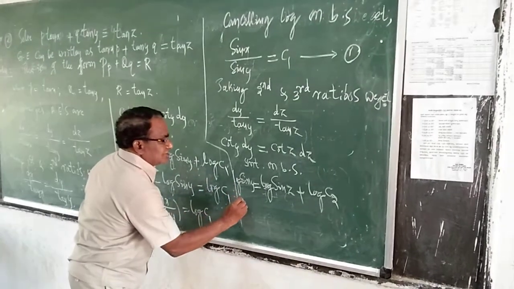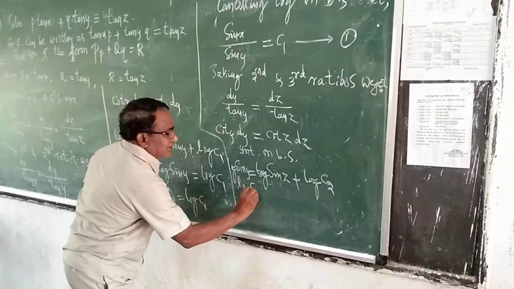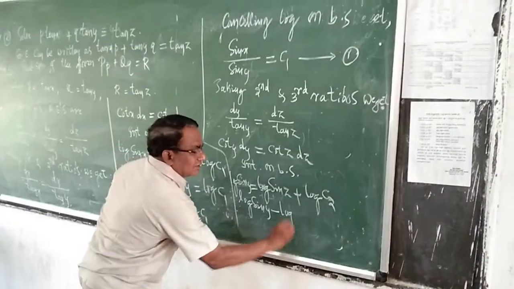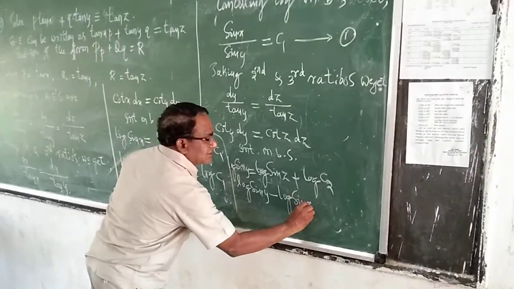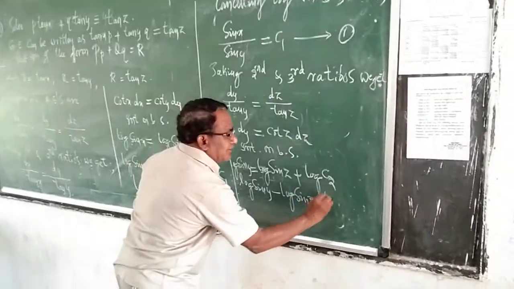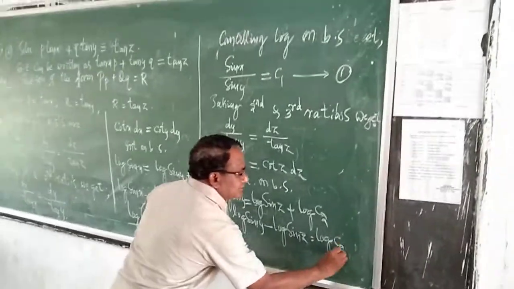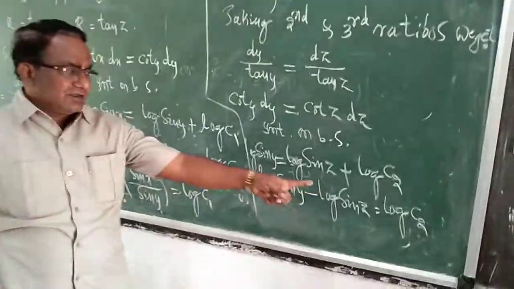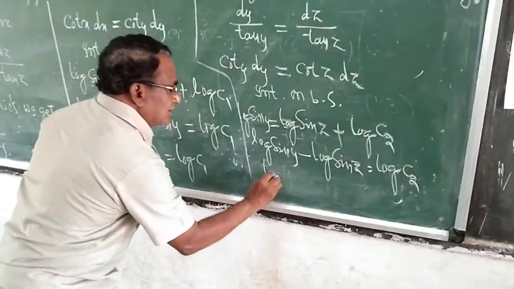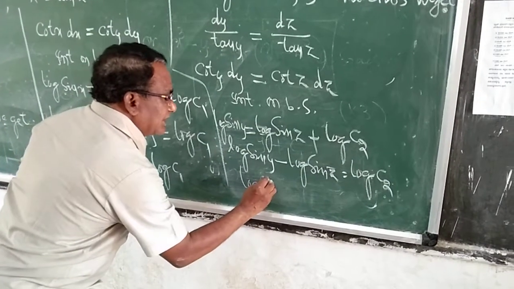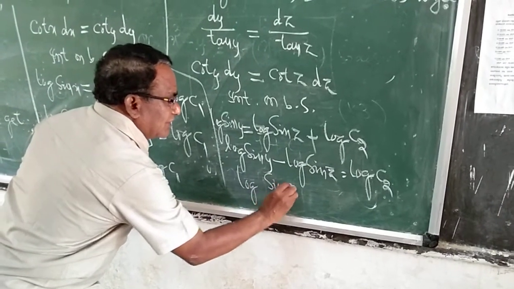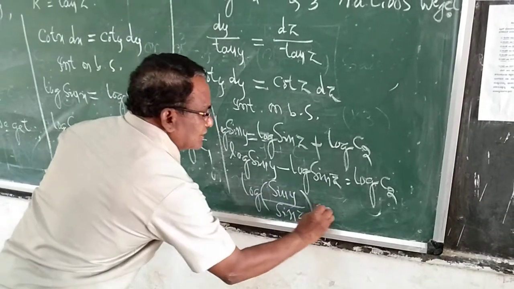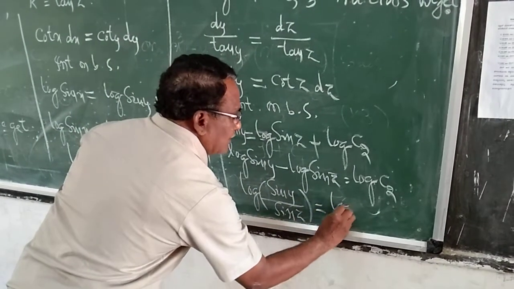Once again, as in the previous case, you can write it as log of sin y minus log of sin z is equal to log c2. Once again, it is of the form log m minus log n, which may be written as log m by n. It is sin y by sin z is equal to log c2.